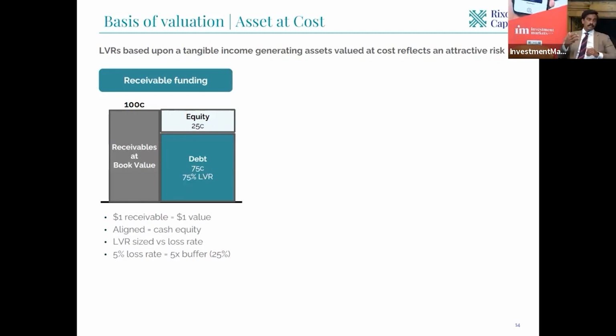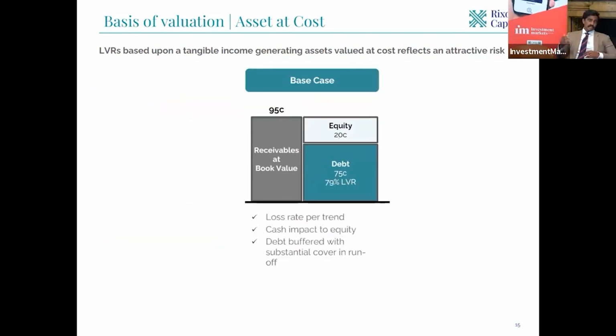So we tell the lender, we're comfortable providing you the debt so long as you provide us with a 5 times buffer. So in this scenario, they've given us a 25% equity buffer, which reflects a 5 times cover over the 5% loss. So in the base case, there has been a 5% loss rate, which the equity buffer has absorbed. The equity holders don't mind because they're very well compensated.